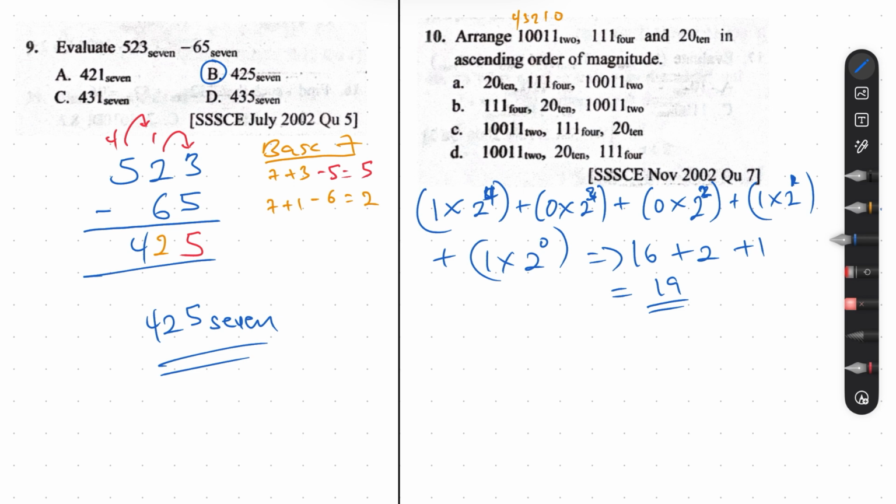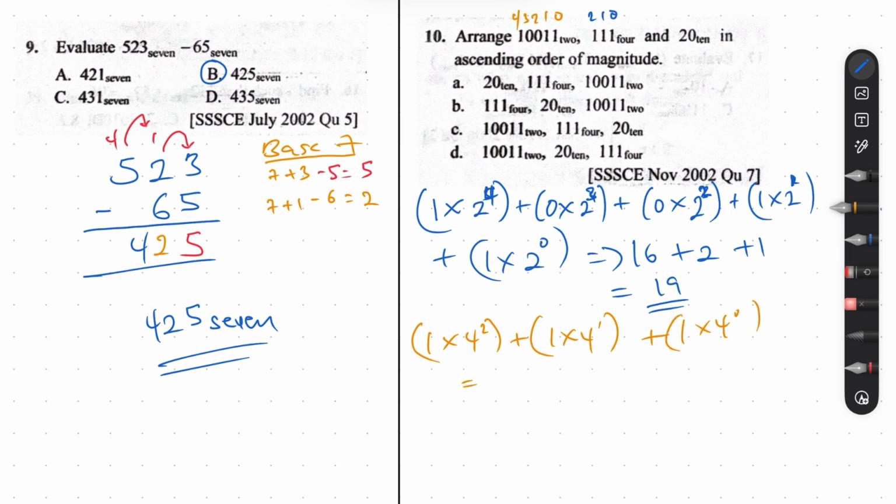Now let's do the same for the base 4. For base 4 we have 0, 1, 2. So we have 1 times 4 to the power of 2, plus 1 times 4 to the power of 1, plus 1 times 4 to the power of 0.